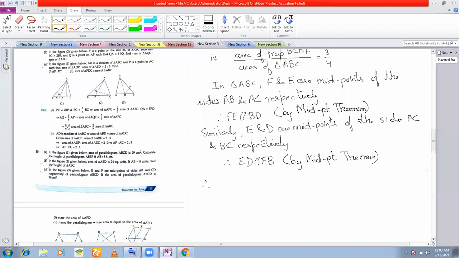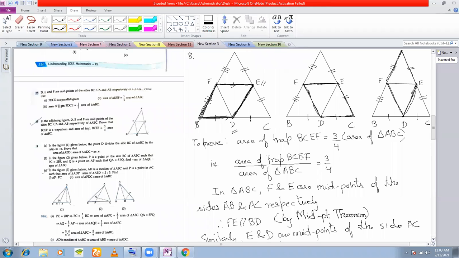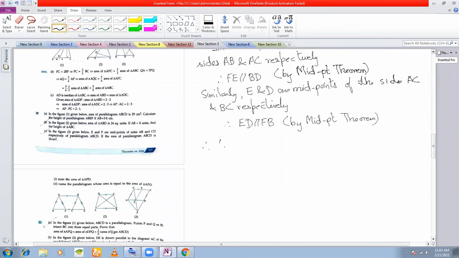Therefore, now what do you see? In the quadrilateral FEDB, FE is parallel to BD and ED is parallel to FB.